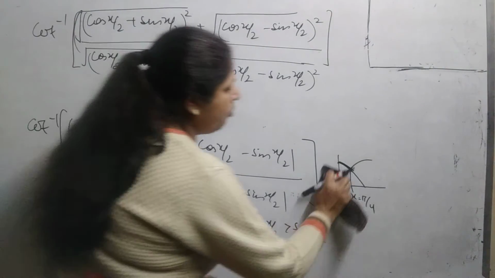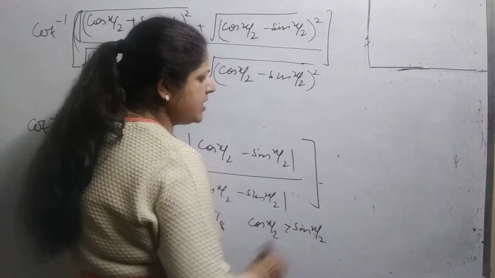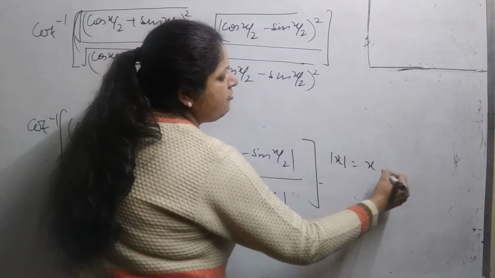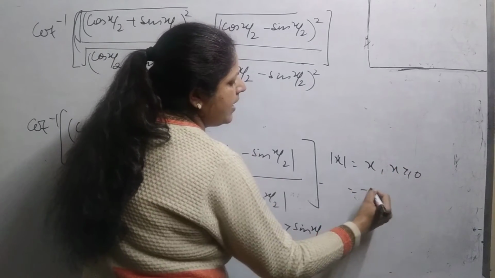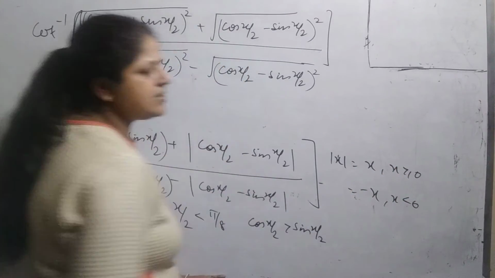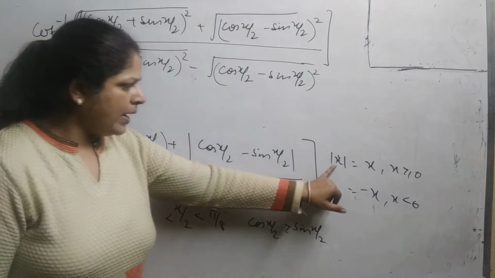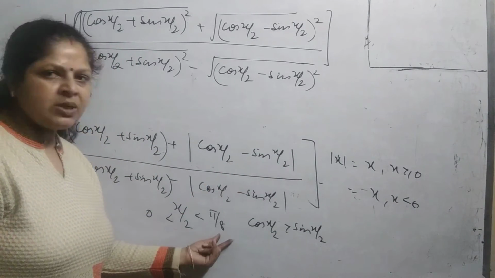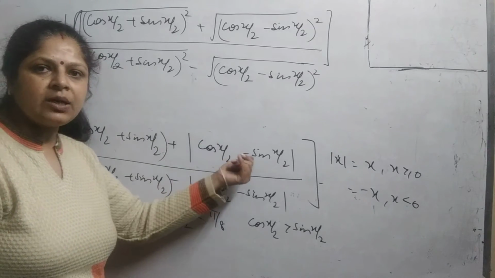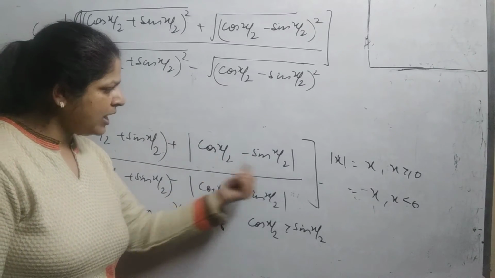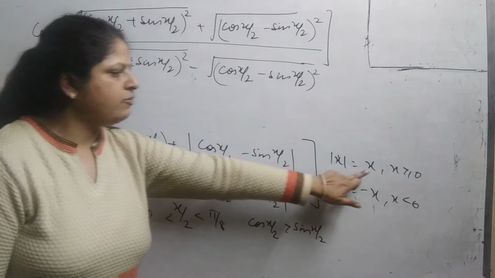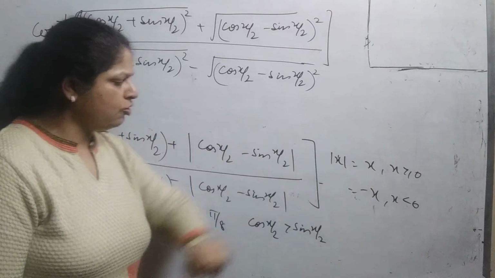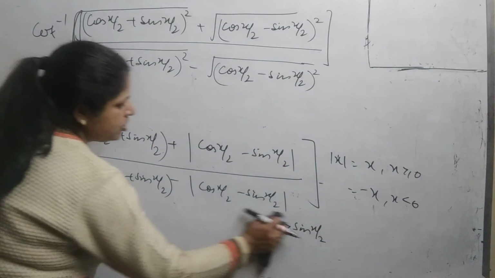We say mod x becomes x if x is greater than or equal to 0 and minus of x if x is less than 0. So my x in this case is positive because from 0 to pi by 8 we saw cos x by 2 is bigger as compared to sin x by 2. So when I remove this mod, I will go for this definition. If I go for this definition, see what I am going to get.